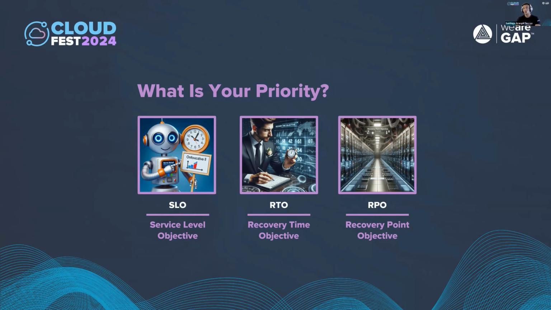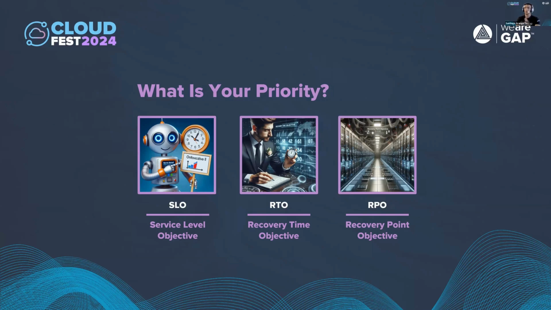The other piece is the recovery point objective, which is also pretty important to define. Here we are talking about how much data you are willing to lose in case of an outage. If your system goes down, are you ready to lose 1 hour of data, 2 hours, 6 hours, or you don't have the luxury of losing any data? For example, a banking or transaction system can't afford to lose data. That would be a huge impact.